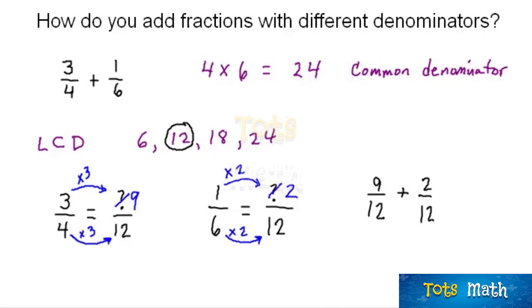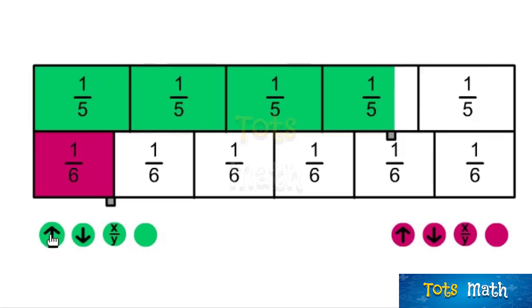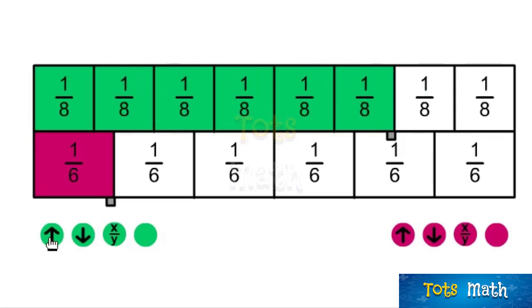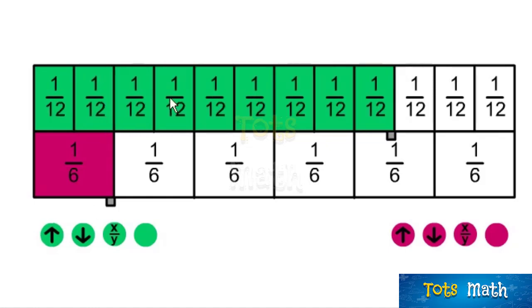Let's go back to our fraction bars and see what the new fractions look like. We need to change 3/4 into 9/12. So I'm going to increase the denominator till I reach 12ths, and we have 9/12 shaded in. Let's do the same for 1/6.